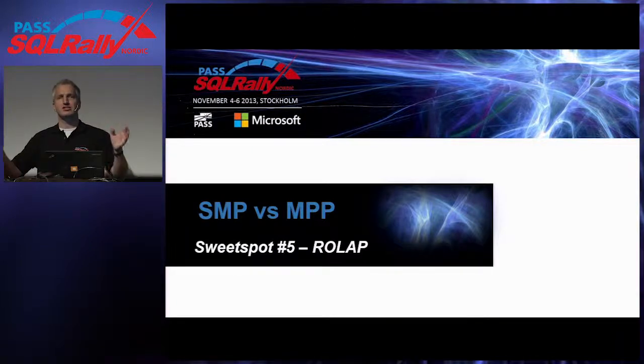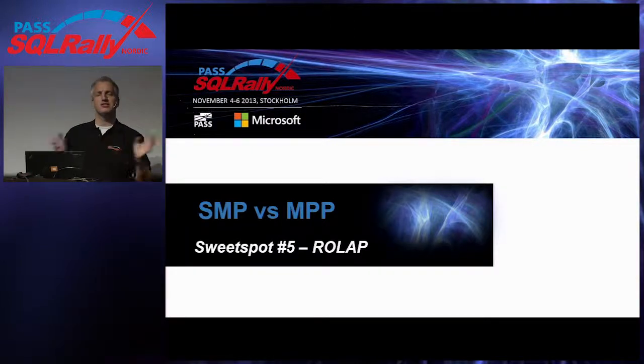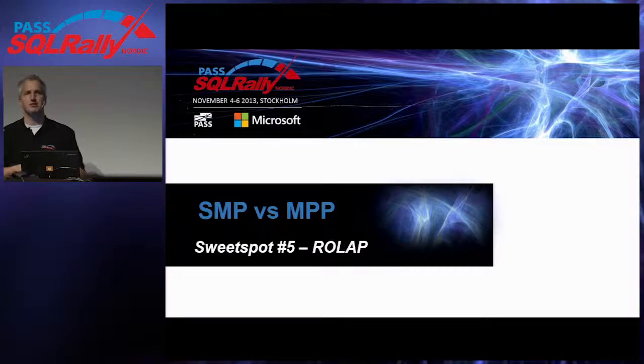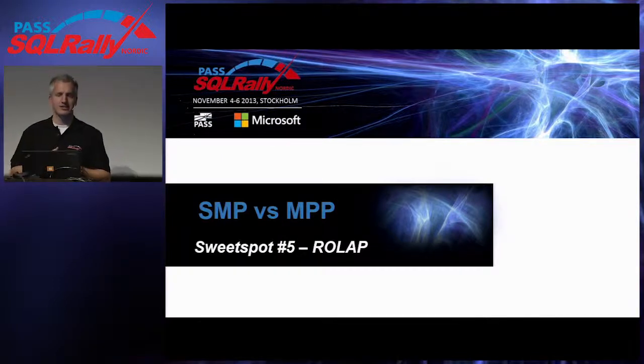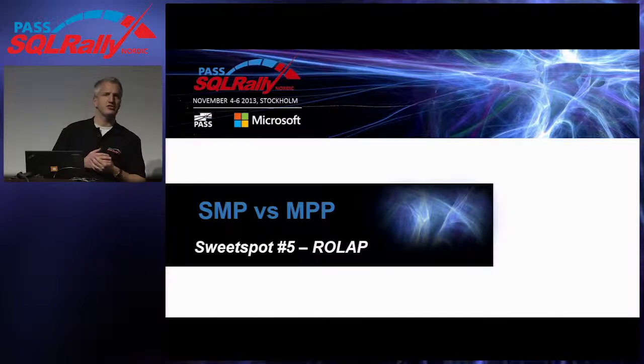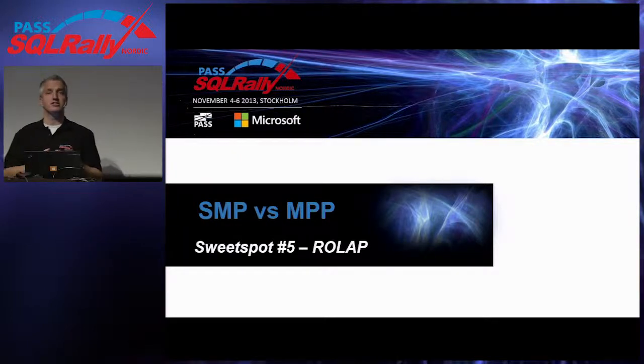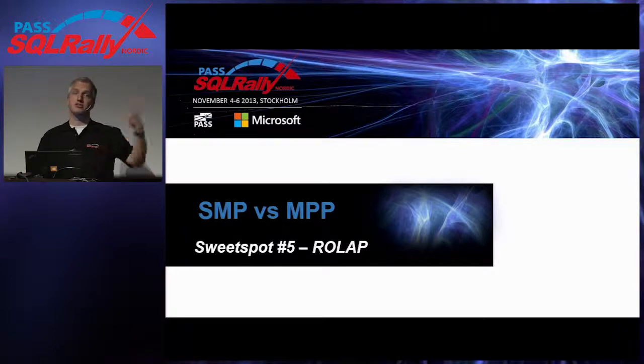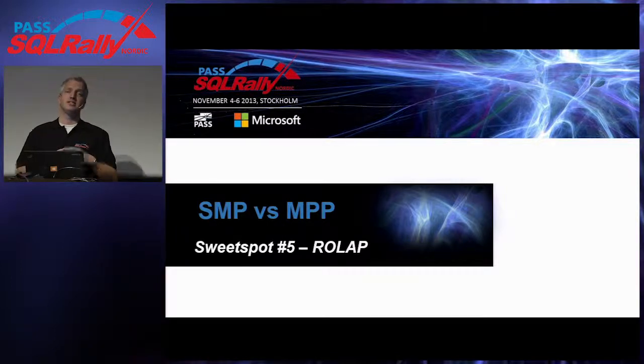So if the nights are too short to process your cubes, just think of PDW. But also in SSIS 2012 Service Pack 1, there's a new feature called Rollup Distinct Count on the database side. You can push these Rollup Distinct Counts to PDW. PDW will do the number crunching for you. You just store the result and provide it via the cube.